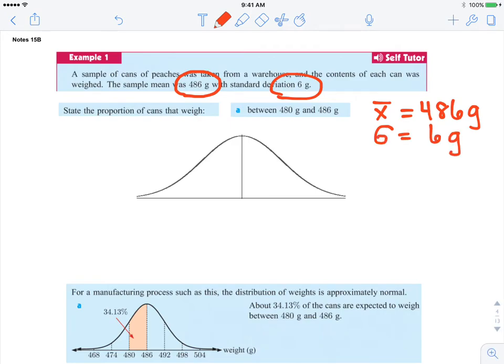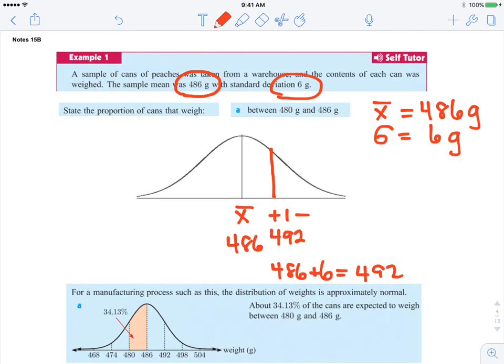So I'm going to graph this out. I'm going to start with the mean. So that mean is 486 grams. When I move one standard deviation up, so plus 1, I'm going to add 6 to it from the mean. So 486 plus 6 is 492.